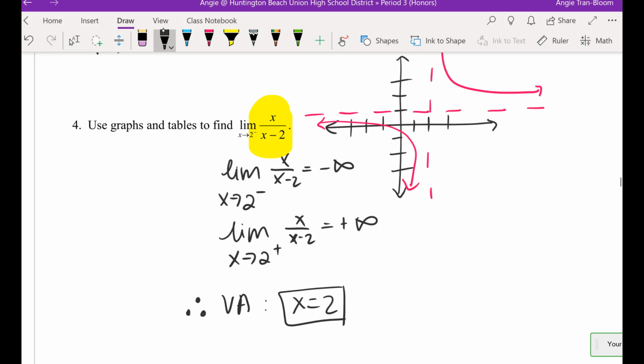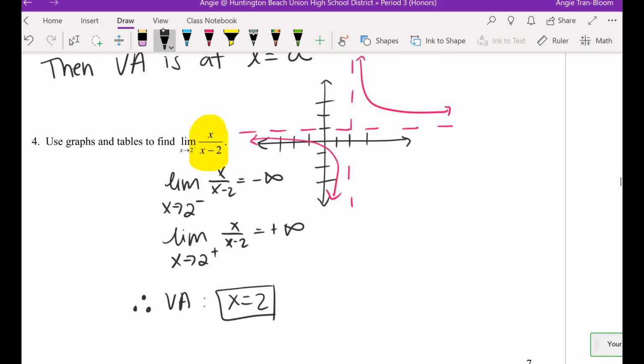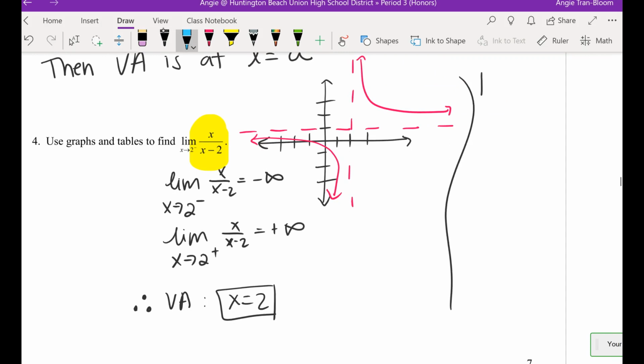If you don't remember the HA from algebra 2, ready? Remember we have y equals, what's the biggest term on the numerator?